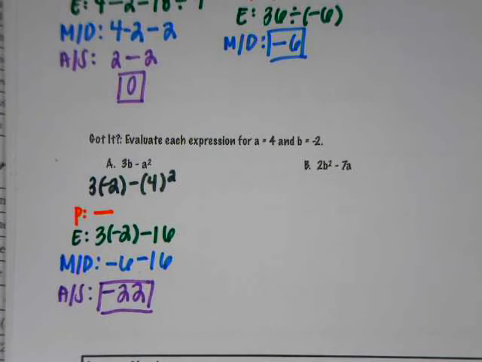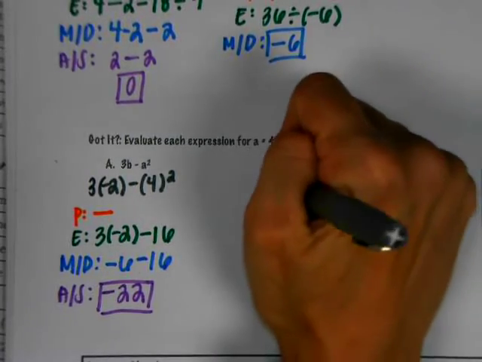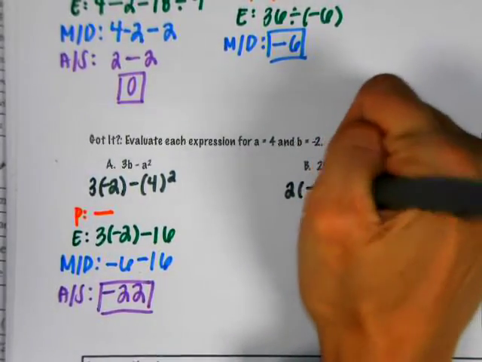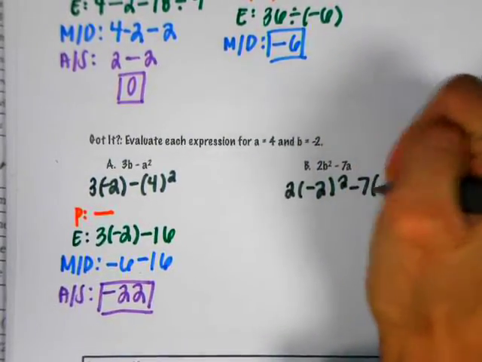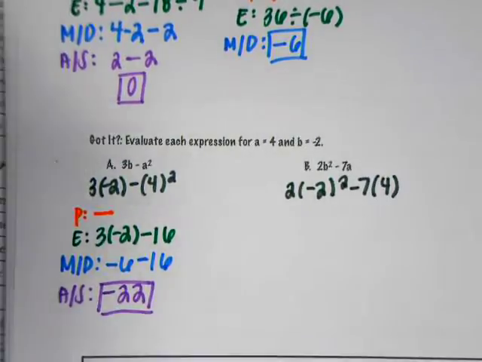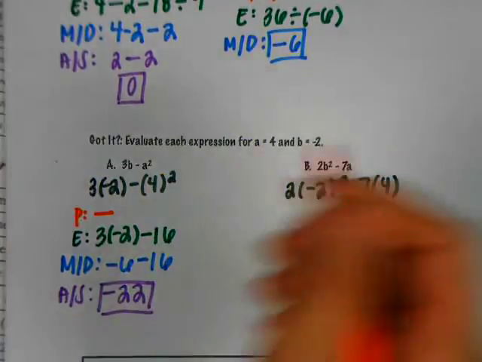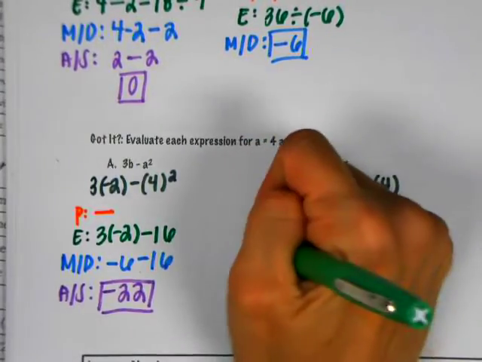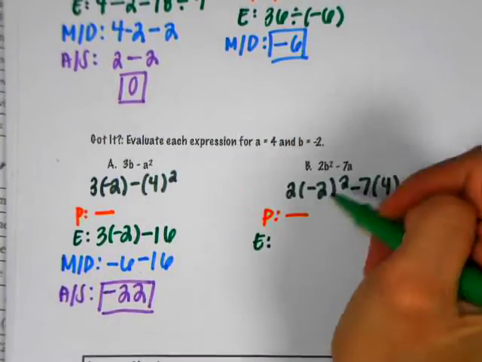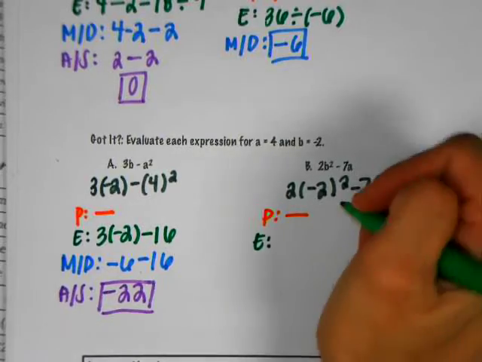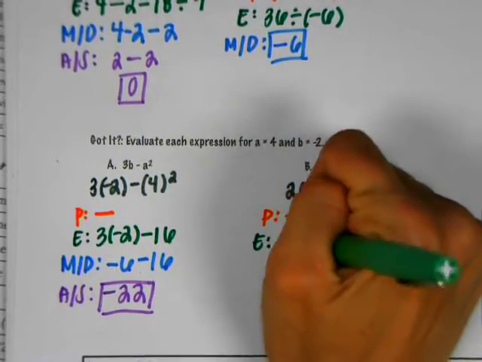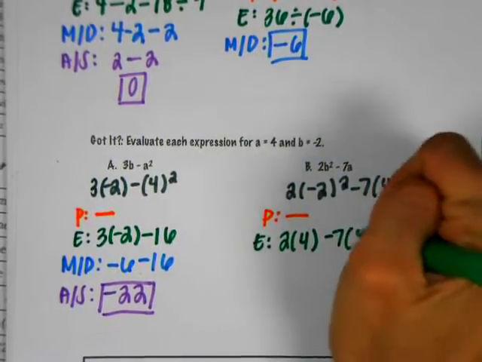All right, and then for B, we have 2b squared. So 2b is -2 squared minus 7 times a, which is 4. Parentheses, we don't have anything inside of. Exponents, we have. What's -2 squared? 4. So we have 2 times 4 minus 7 times 4.